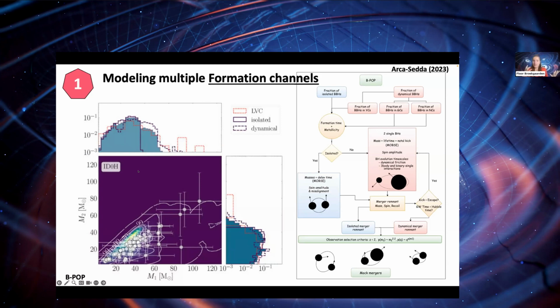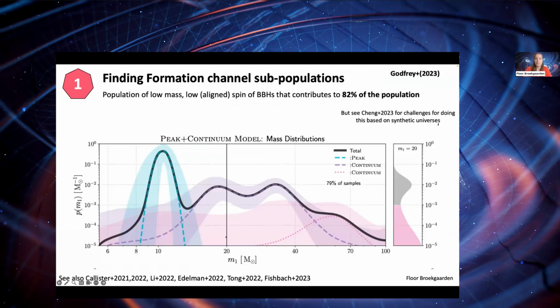And so one very, very interesting avenue, and there are lots of talks on Thursday and Friday, so I'm not going to mention it in much detail, is that people are starting to look at, instead of just rates, how different formation channels give different predictions for, for instance, redshift evolution rates, but also the properties of these black holes, such as their masses over time. And so I think this kind of work is really exciting, and will help us a lot in understanding how we can discriminate between channels.